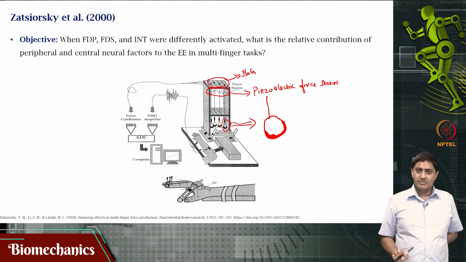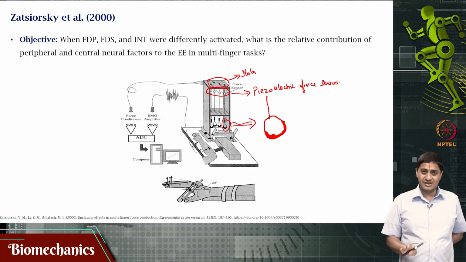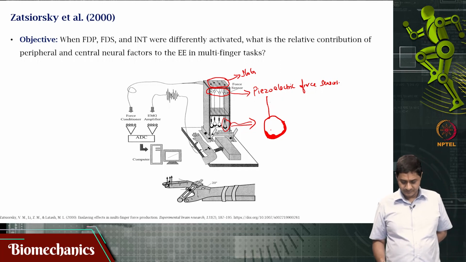I can place all the 4 fingers in these 4 loops. There are loops available for all these 4 fingers and force transducers available to measure the forces of all these 4 fingers.